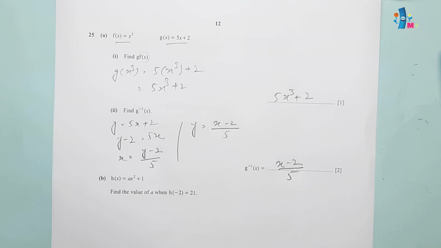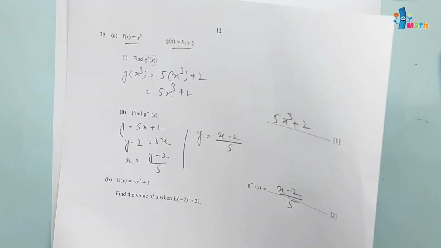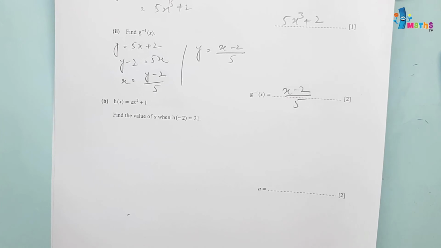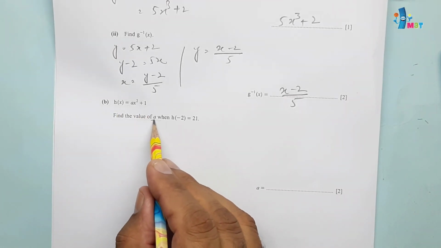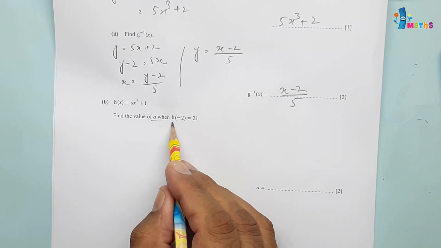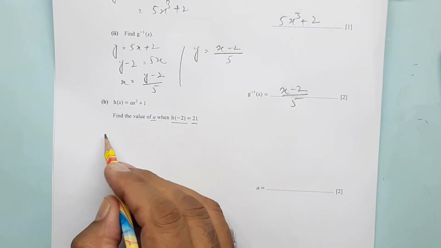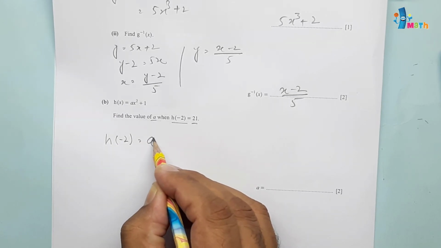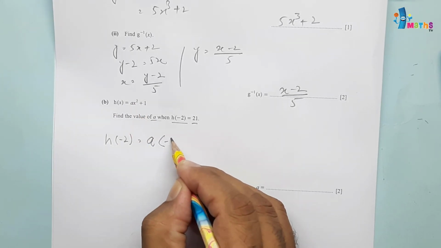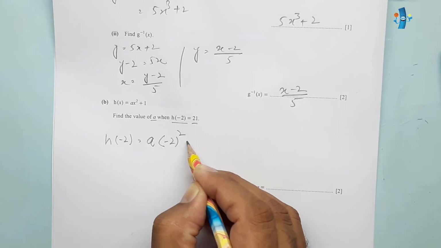Then B part, it is saying h of x is equal to ax square plus 1. Find the value of a when h of minus 2 is equal to 21. So we'll find h of minus 2. This will be equal to a into minus 2 squared plus 1.